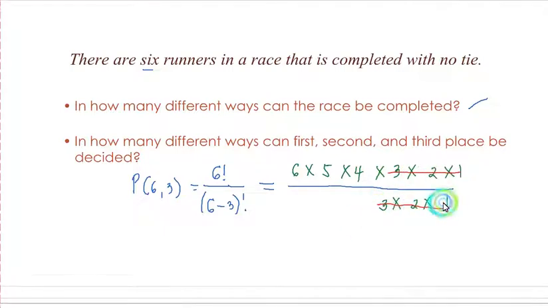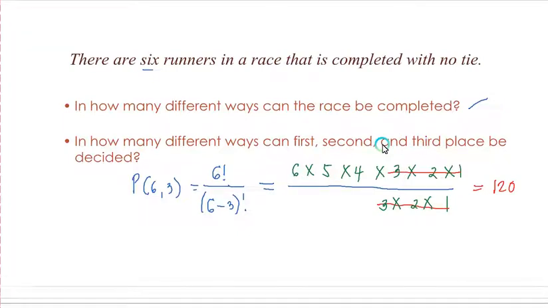Makancel ang 3 times 2 times 1. Ang mabilin sa aton is 6 times 5 times 4. So, this is ang ating answer. 6 times 5 is 30 times 4, this is 120. So, we have 120 possible ways na pwede natin pilion kung sino ang mag-first, second, and third sa ila.